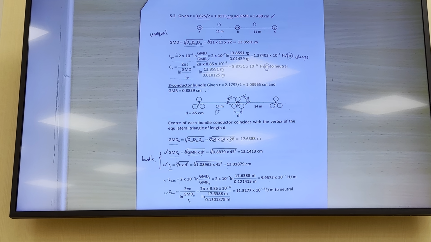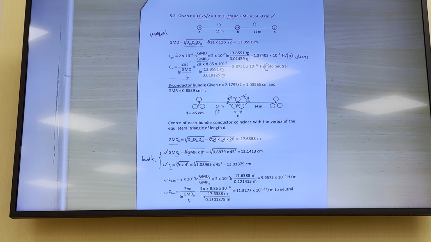And the GMR of the bundle, this is the bundle case. This is a three-strand bundle, so that equals this value, in centimeters. And the radius of the bundle, R_B, just equals this formula. This smaller d is 45 centimeters, so this is your R_B. Now we have the new value set.